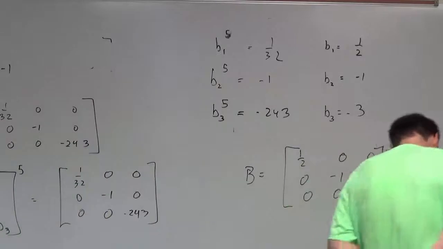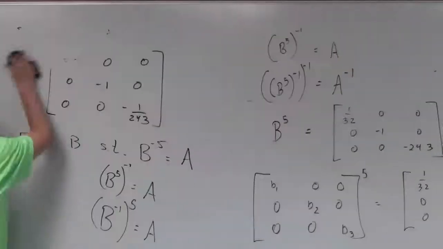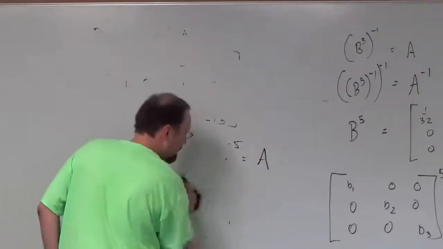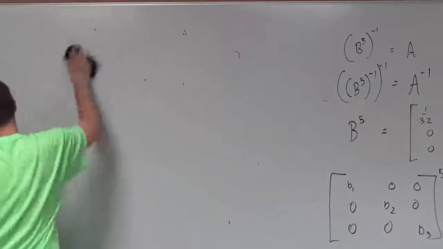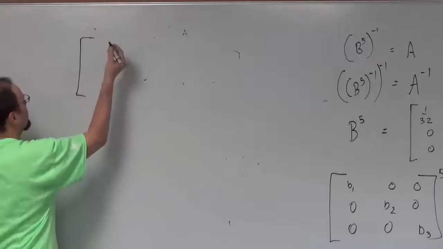Another application of symmetric matrices that is in your homework is this little problem where we're supposed to find a diagonal matrix C. So you're given a diagonal matrix, right?